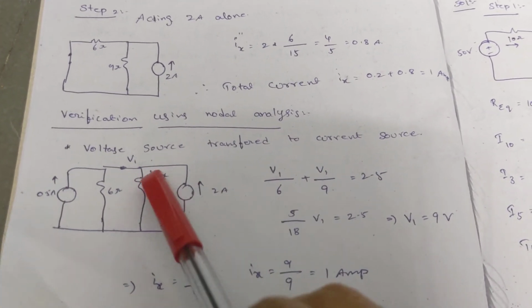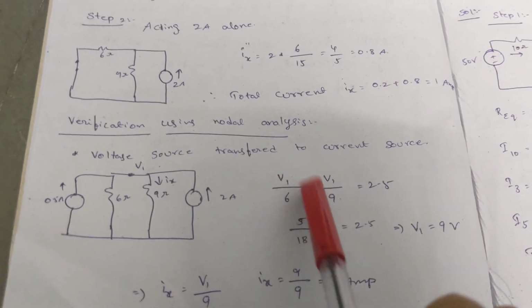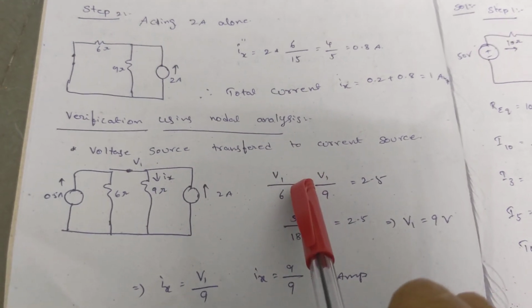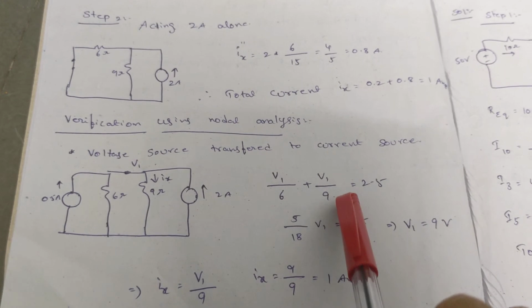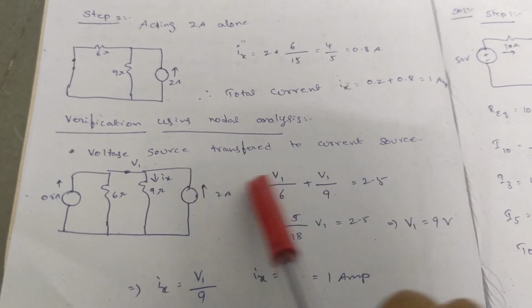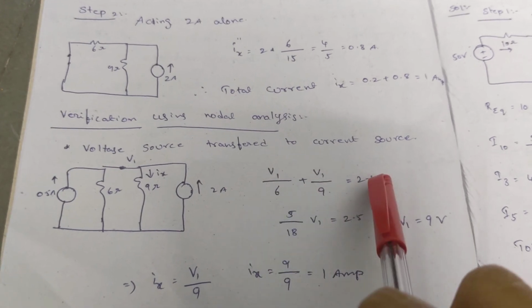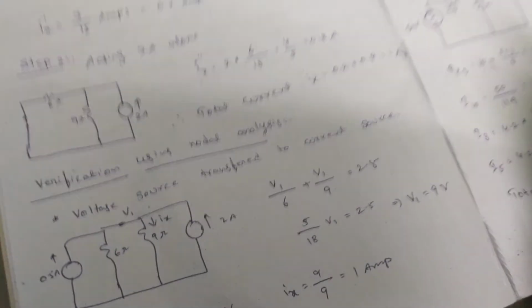Since both are outgoing currents, both will be positive. If I consider the incoming current also, then it will be negative and this is positive. So I am considering left and right-hand sides. For ease of understanding, I am just writing one more step here.